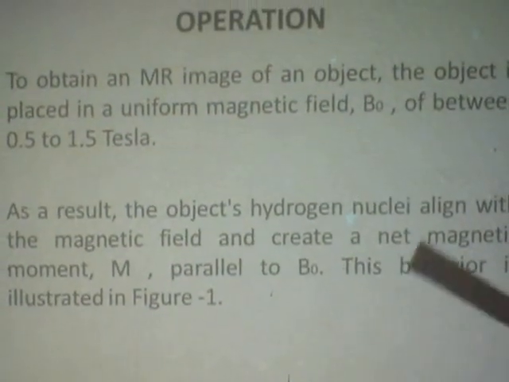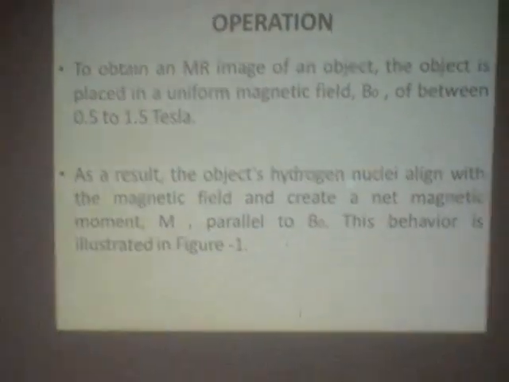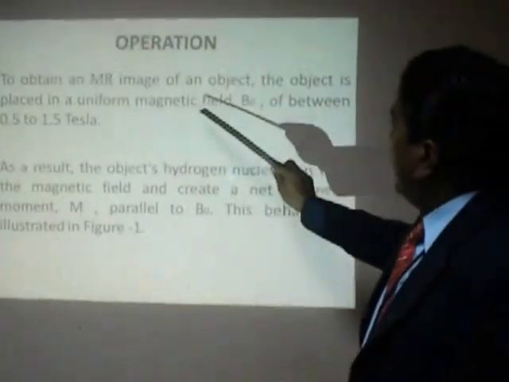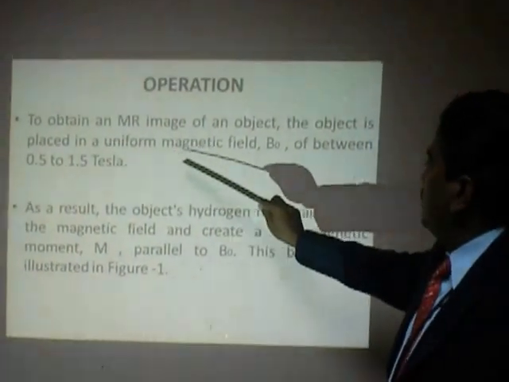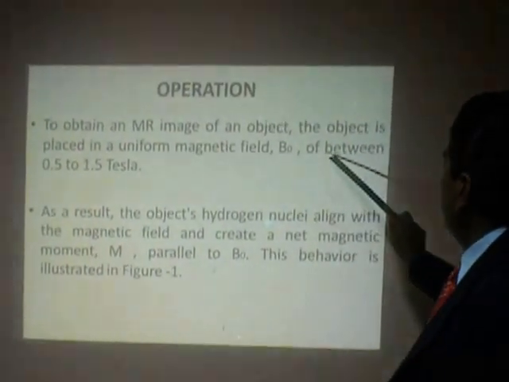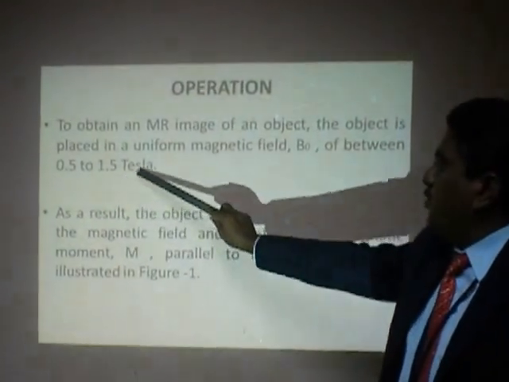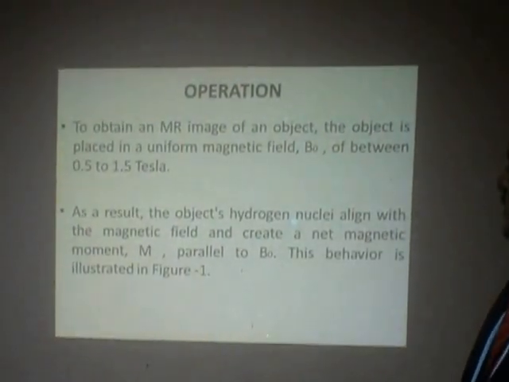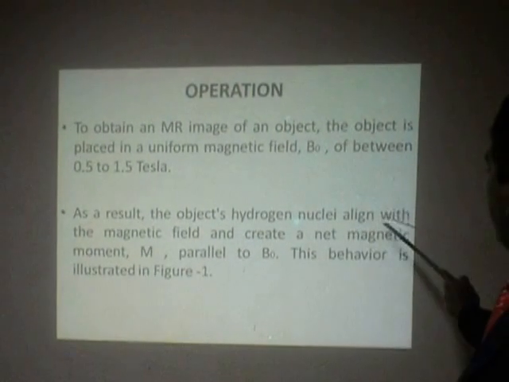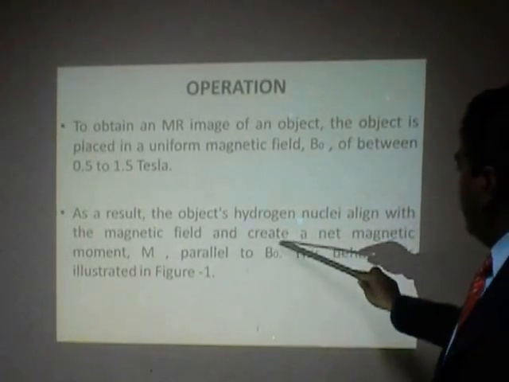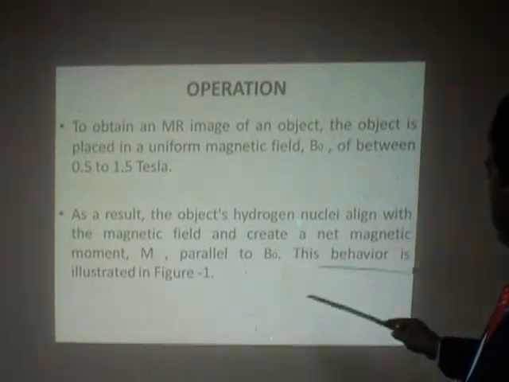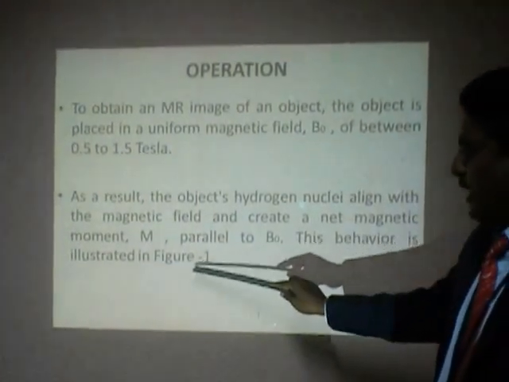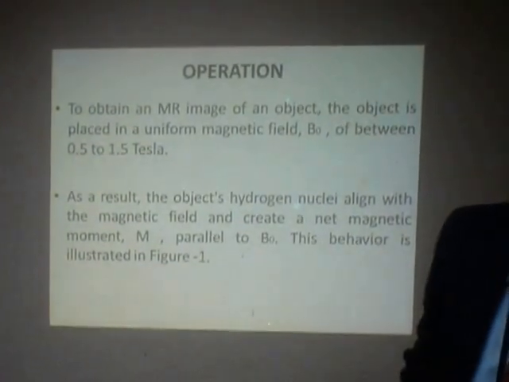Now let us move into the operation of MRI. To obtain an MRI image of an object, the object is placed in a uniform magnetic field B0 with a value between 0.5 to 1.5 Tesla. As a result, the object's hydrogen nuclei align with the magnetic field and create a net magnetic moment M parallel to B0. This behavior is illustrated in the next slide.